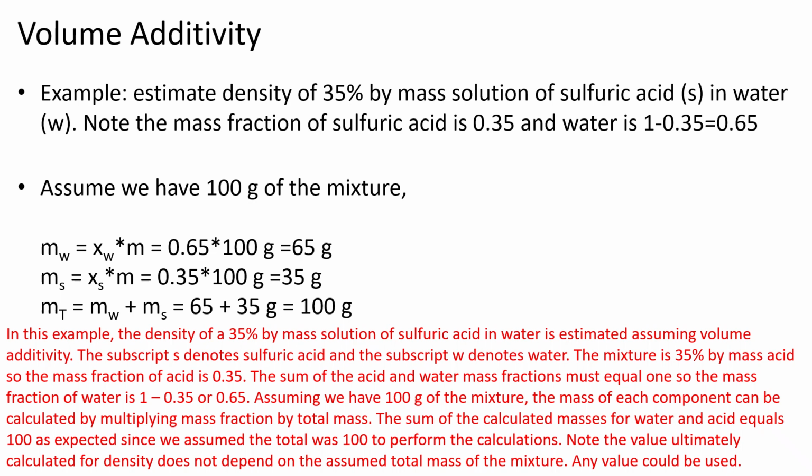Assuming we have 100 grams of the mixture, the mass of each component can be calculated by multiplying mass fraction by total mass. The sum of the calculated masses for water and acid equals 100, as expected, since we assumed the total was 100 to perform the calculations. Note the value ultimately calculated for density does not depend on the assumed total mass of the mixture. Any value could be used.